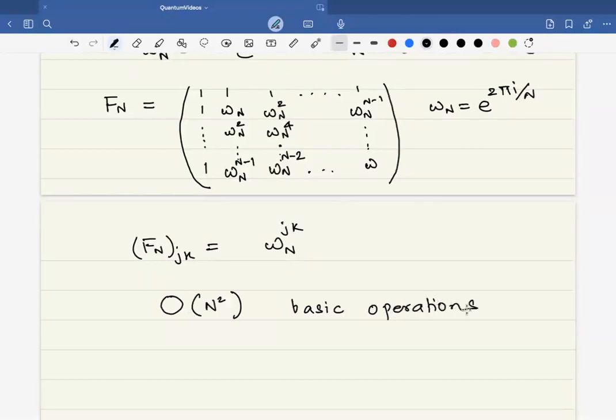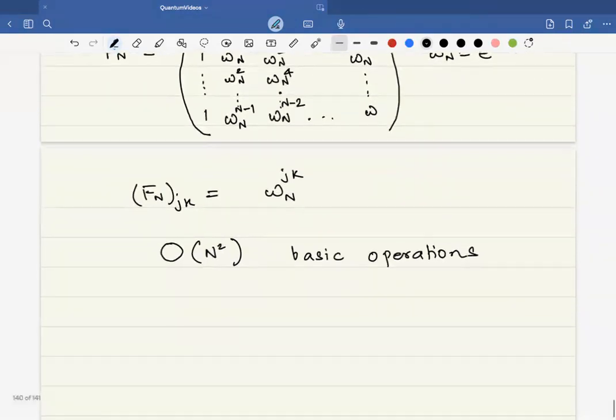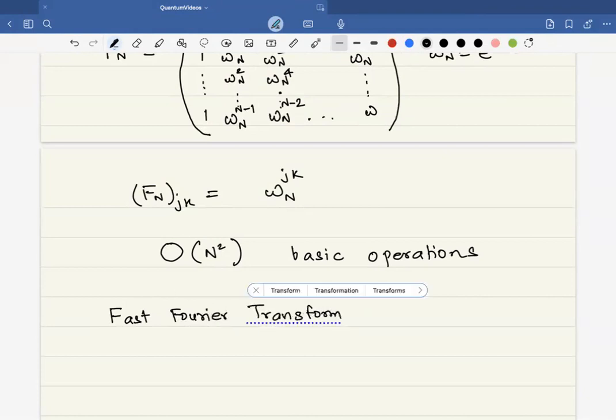Right. So the n-dimensional Fourier transform takes order of n square basic operations. Now it turns out that one can do a fast version of the Fourier transform called the FFT, or the fast Fourier transform, which can be done in order of n log n operations.